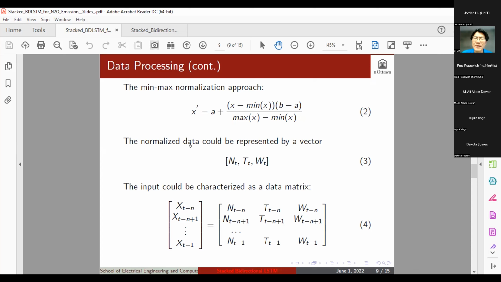And then the normalized data could be represented by a vector using N_t. N_t is the nitrous oxide flux, and T is the temperature, W is the water flux, at timestamp t. And then we combine all these vectors at different time steps together to form a data matrix. Then we input this data matrix to the long short-term memory model to predict the emission of the nitrous oxide.